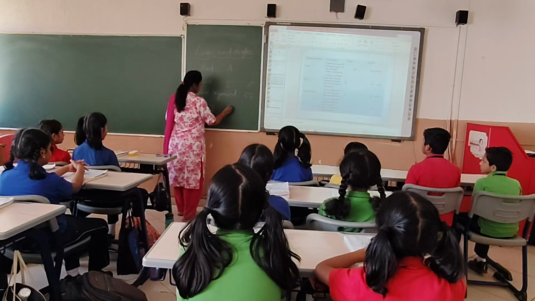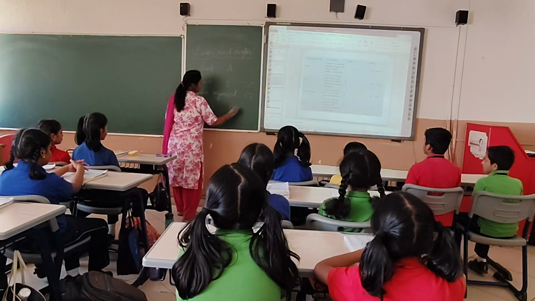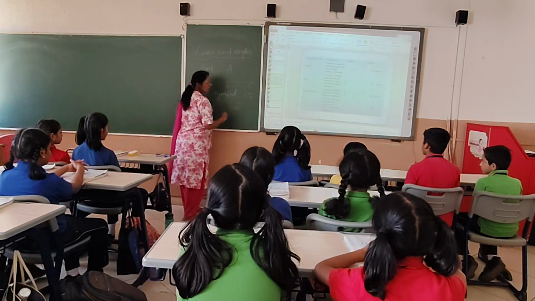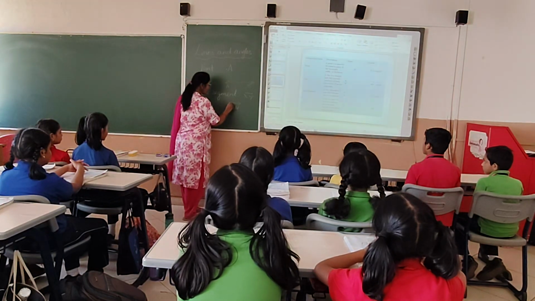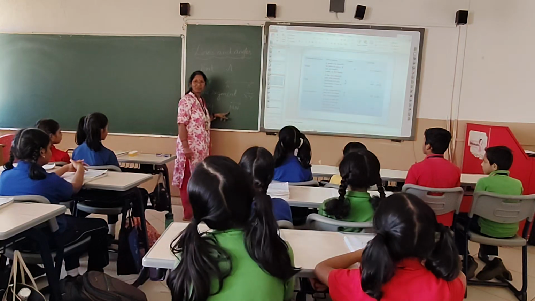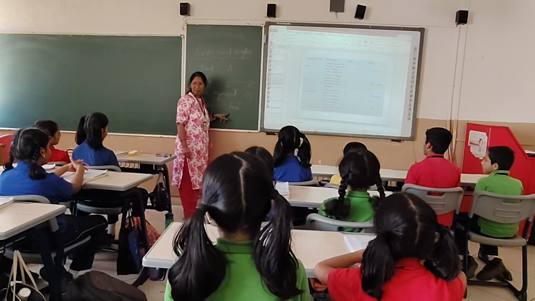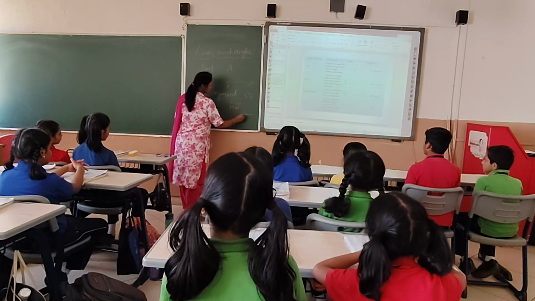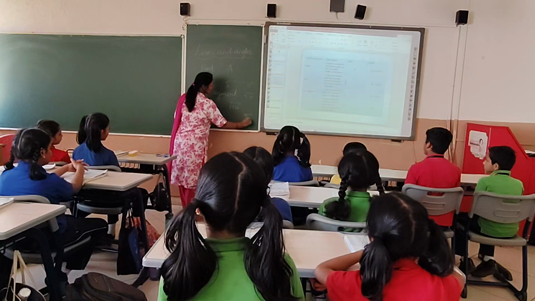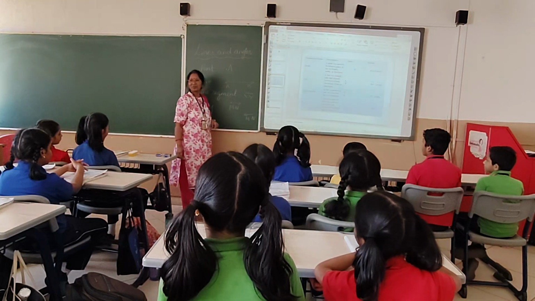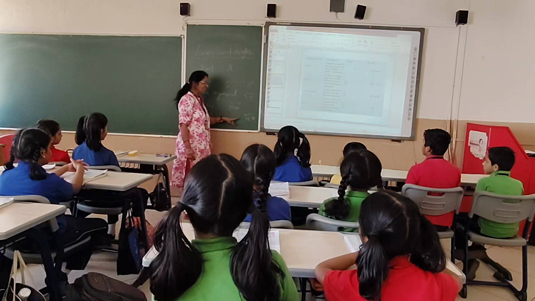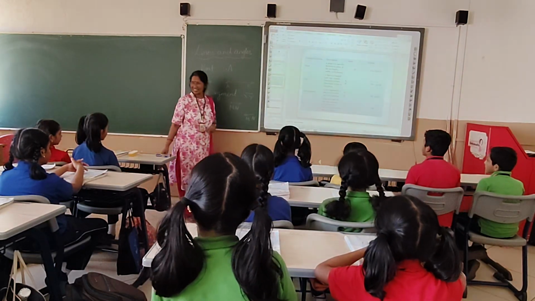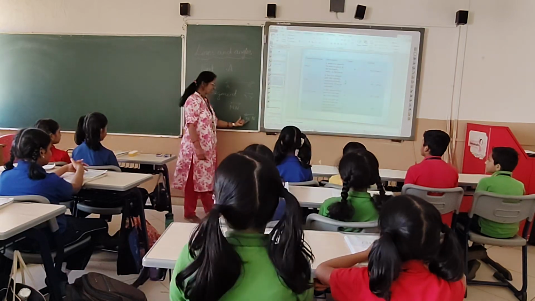Ray. Suppose I take M and N. If I mark this way, it shows the beginning is from M. But the same ray, if I mark it the other way, it is pointing towards M. The beginning point is at N. So you understand why I am stressing this?